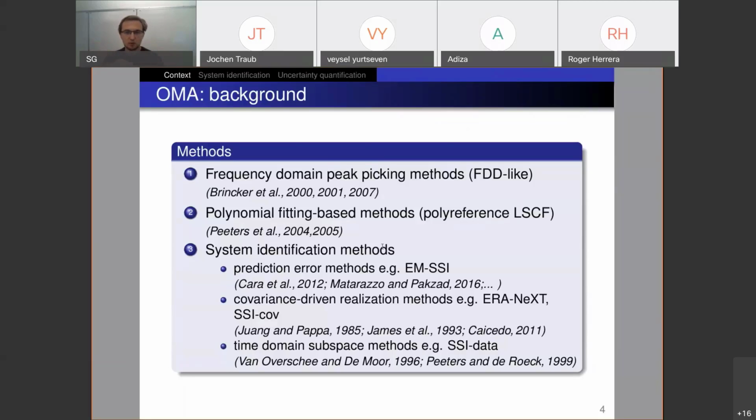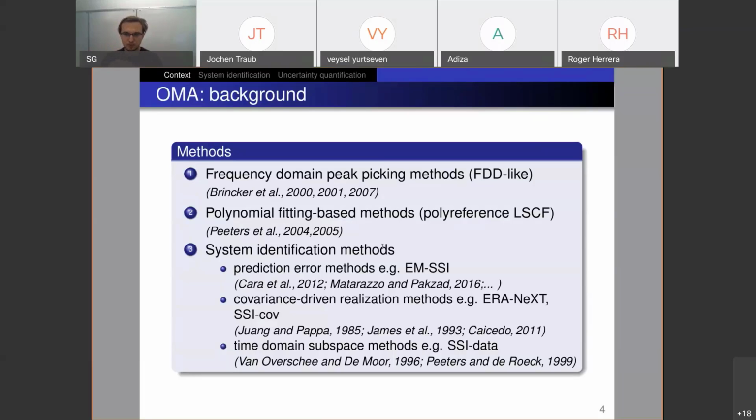Then the second well-known group is based on fitting a common denominator polynomial to half power spectral densities. And the last group of methods are the system identification methods. And these methods were adapted to model analysis from the automatic control community.